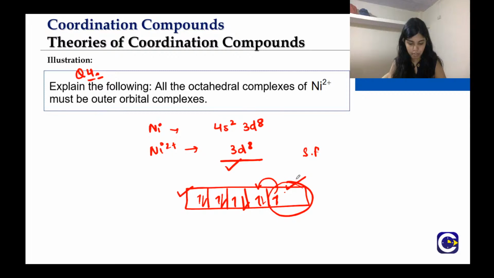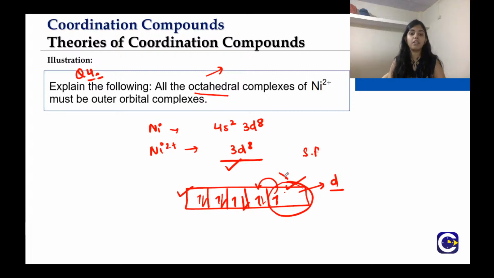Okay, let me read your answers. Yes, very good, Siddharth and Sham. You both are correct with your answers. So here if you see that even if there is a strong field ligand, pairing of electrons will take place, only one d orbital will be vacant. And in case of octahedral complexes, we require 2 d orbitals as vacant.